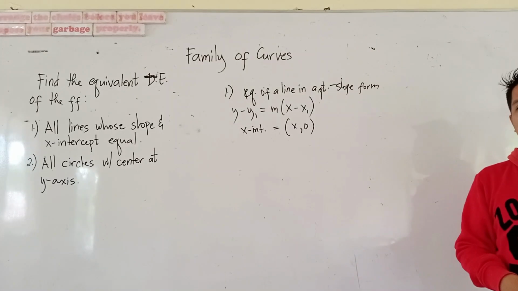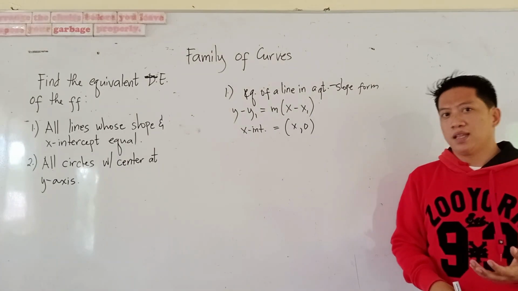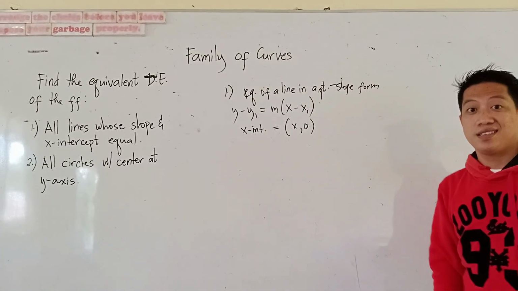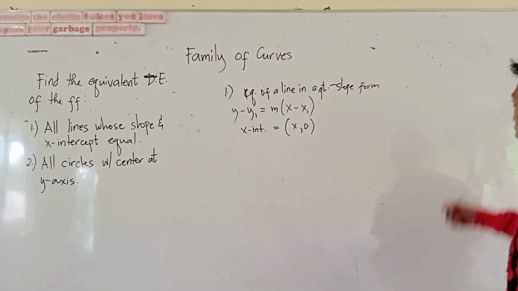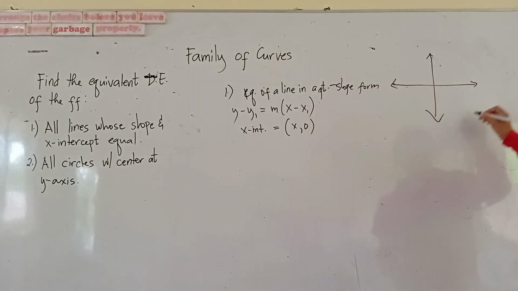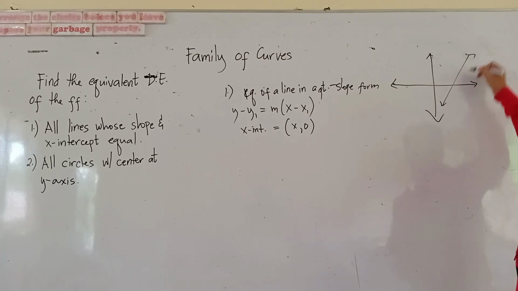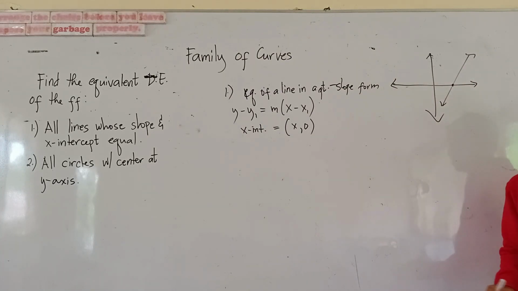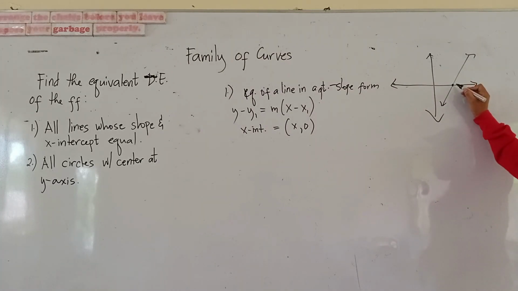Tama po ba? So, yung x-intercept natin, yung y-coordinate natin is 0. Okay? So yung x-intercept natin is yung line nag-touch sa x-axis. Itong point na to is tinatawag natin x-intercept. And it has a coordinate of x, 0.